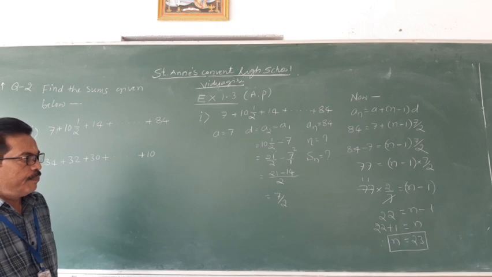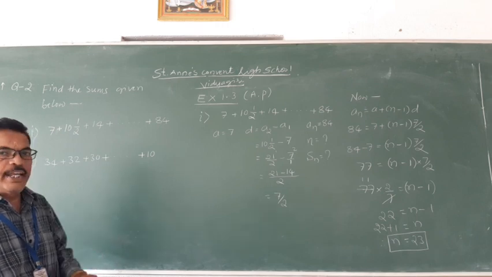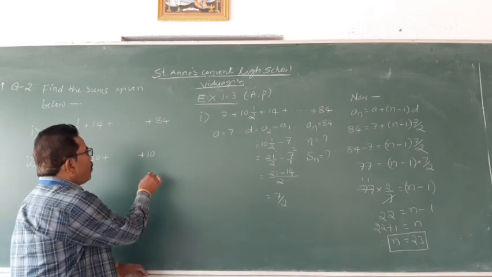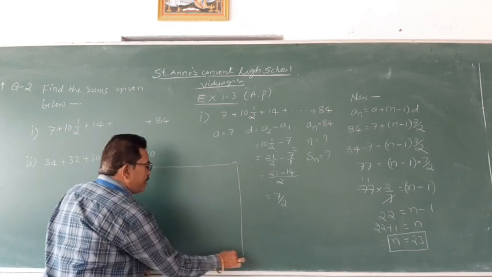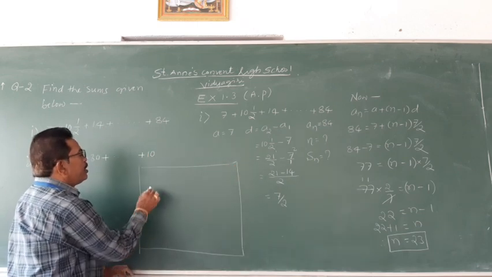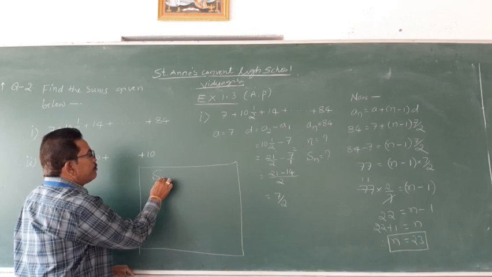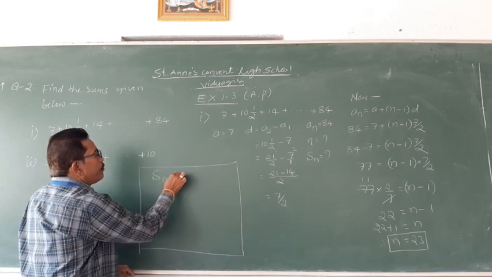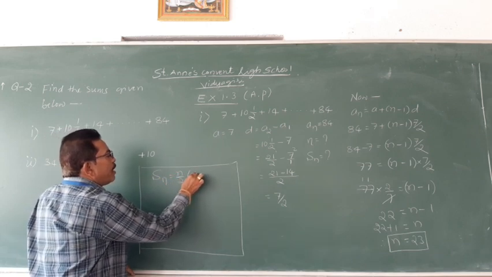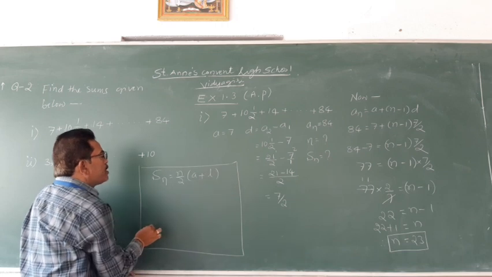Then after getting n equals 23, we have to find Sn, that is S23. When the last term is given, Sn equals n by 2 into (a plus l).